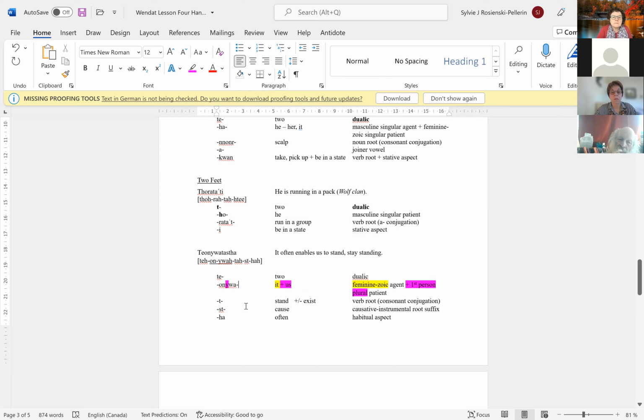Well, you can do either. The wa part is a plural, right? So number is something that pronominal prefixes take. The on, well, say it were, we are standing.